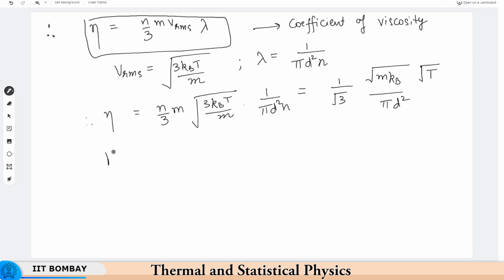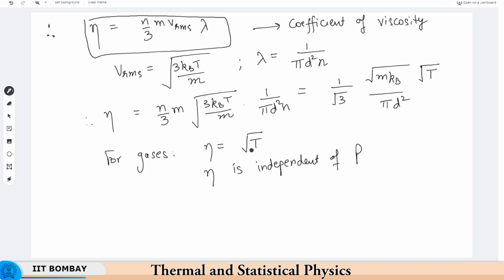For gases, the coefficient of viscosity has to scale with the square root of temperature, and also eta is independent of pressure. Of course, these are actually found to be true within a reasonable range of parameters.